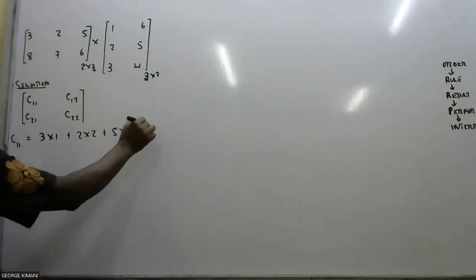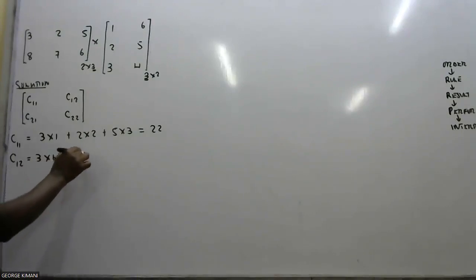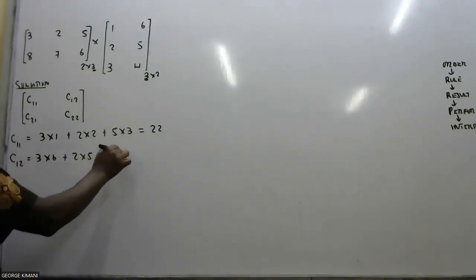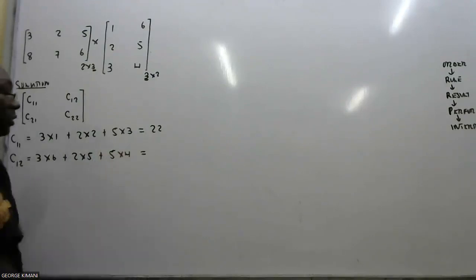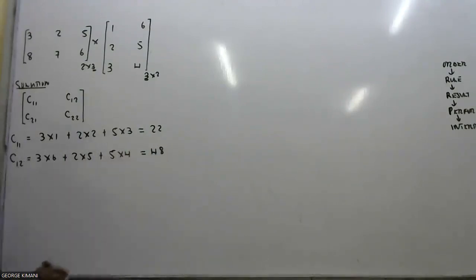22. C12. It is 3 times 6 plus 2 times 5 plus 5 times 4. That becomes 48.